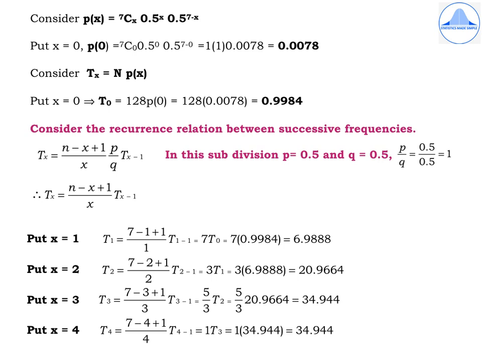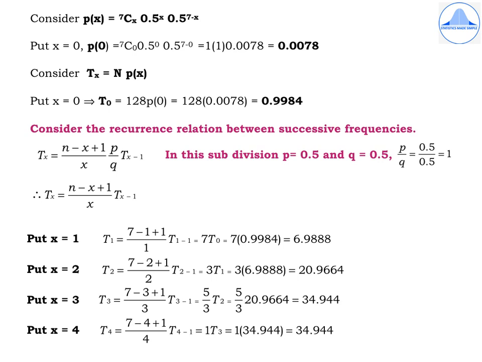So I am calculating p by q separately and you get 0.5 divided by 0.5, which is equal to 1. So our recurrence relation will now reduce to Tx equal to n minus x plus 1 by x, Tx minus 1, because p by q has reduced to 1 now.